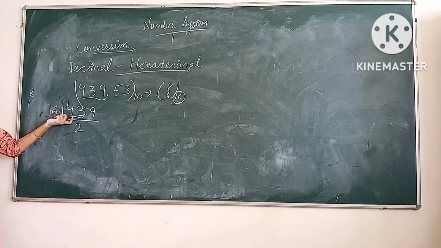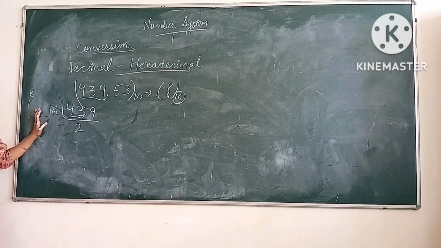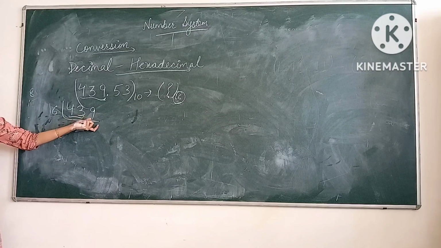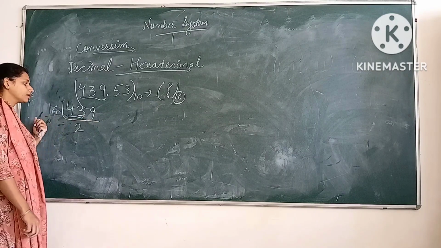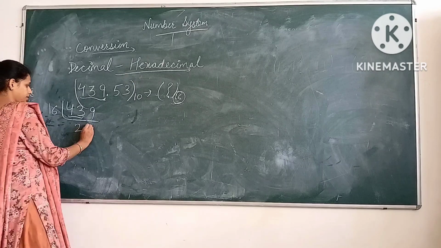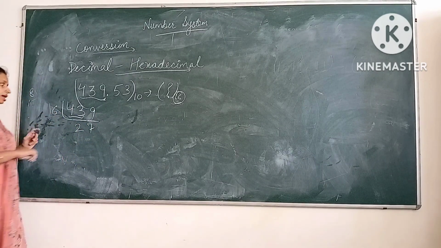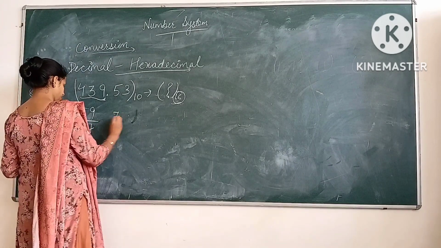Now the remainder is 11, so the total is 119. So in the table of 16 you have to check 119. 16 5s are 80, 16 6s are 96. Then 16 7s are 112, and the remainder is 7.